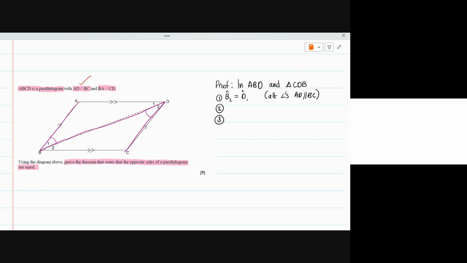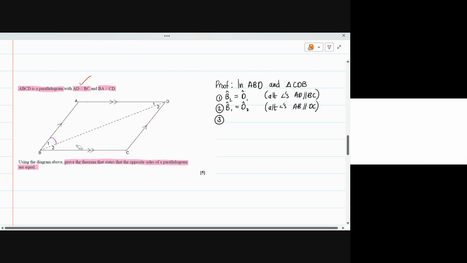And in this one, I find that B1 is equal to D2 for the exact same reason. But this time, look at the parallel lines I've used. It's alternate angles, but this time I've used AB and DC. So I can then say AB is parallel to DC. And that's what we've used so far.